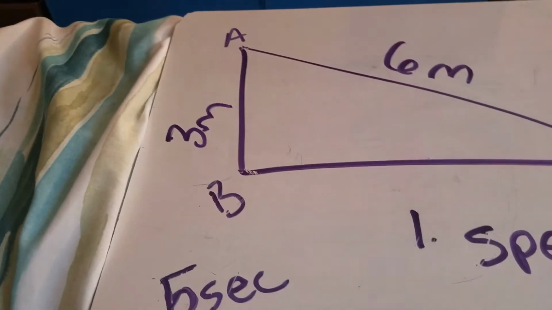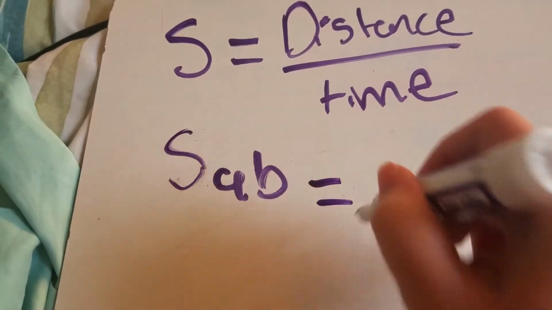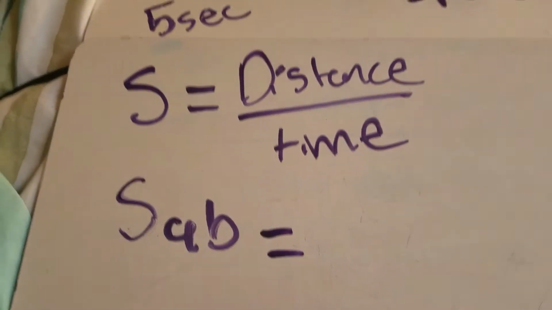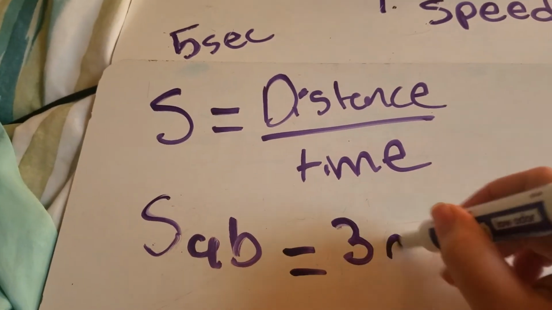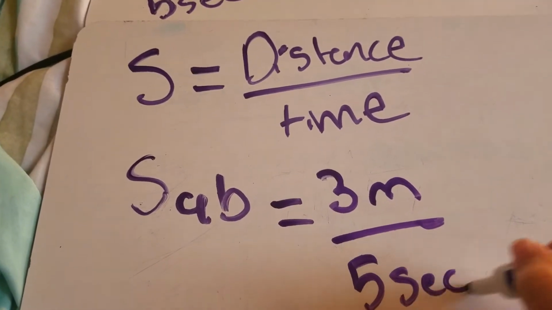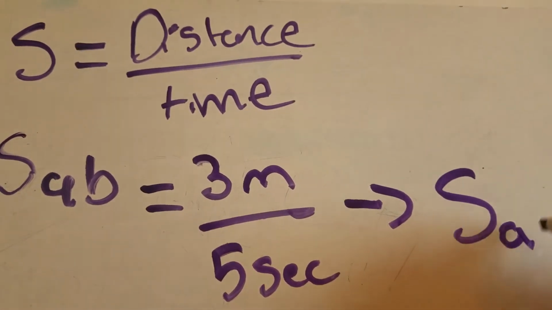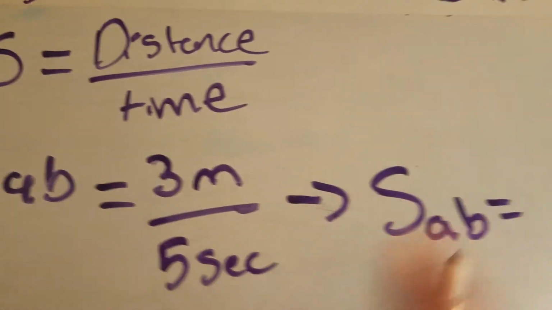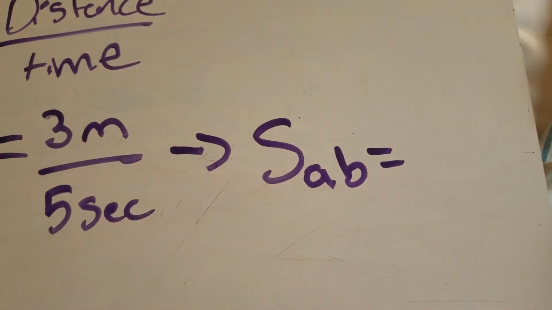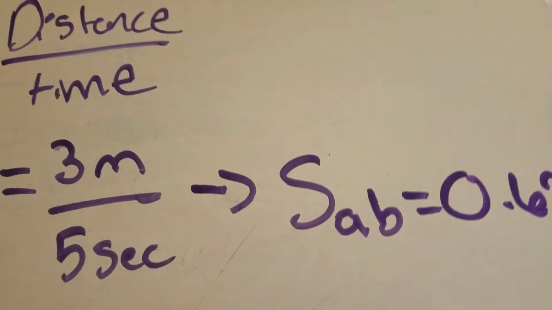I'm going to say this distance is 3 meters. Okay? So, now we can set this up. If I know that my distance is 3 meters, my time still 5 seconds, then I can say my speed of AB is going to be equal to 0.6 meters per second.